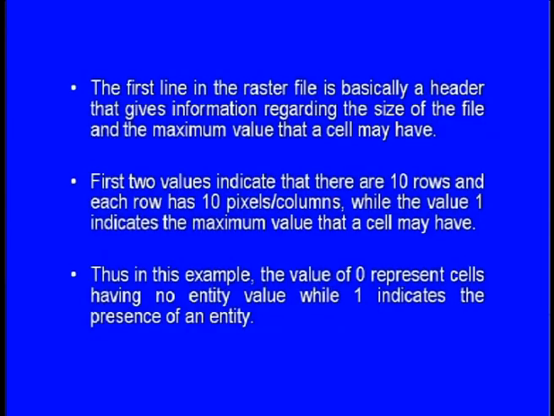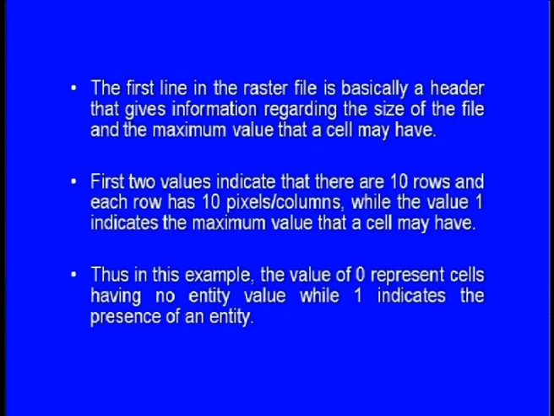So, what is this particular information? The first line in the raster file is basically a header that gives information regarding the cell size of the file and the maximum value that a cell may have.